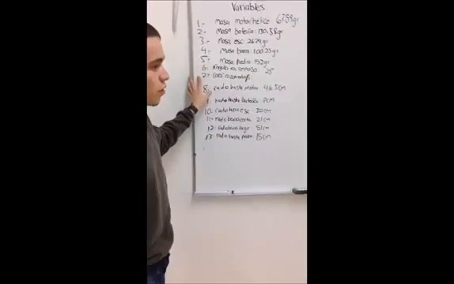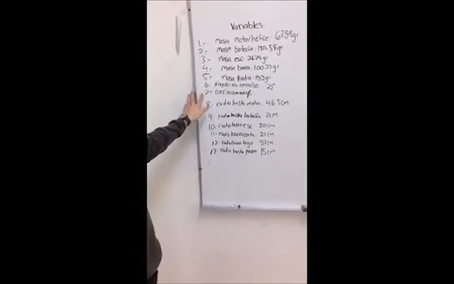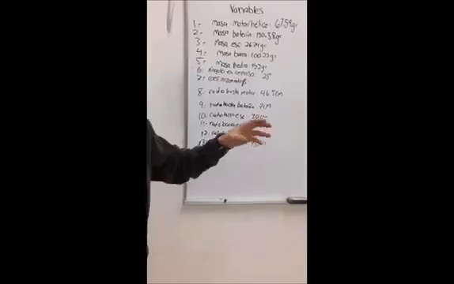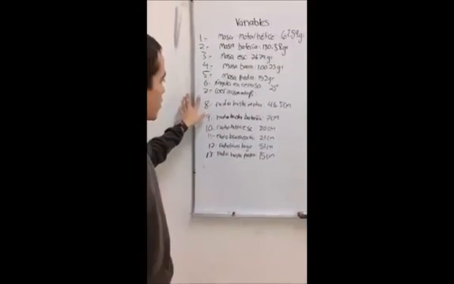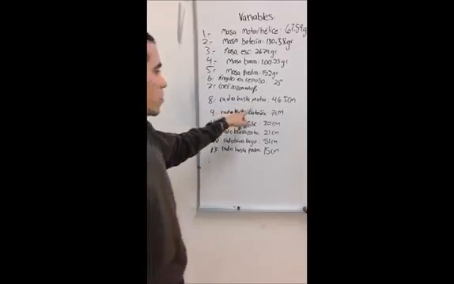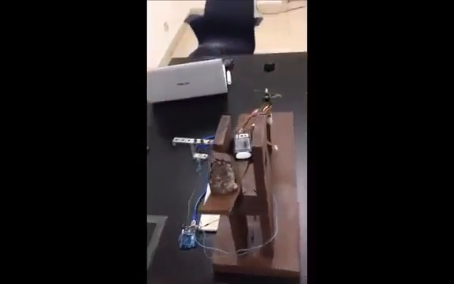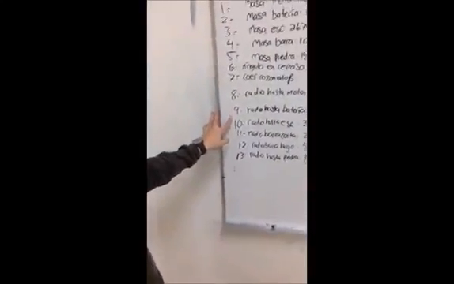a coefficient of roughness, I think. I don't know how to say it. A radius of the axis in here to the motor. Another radius from the axis to the battery.